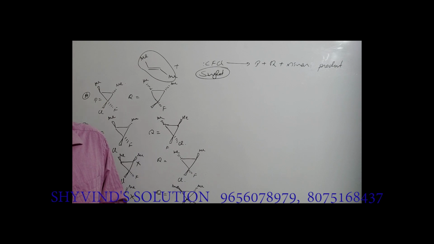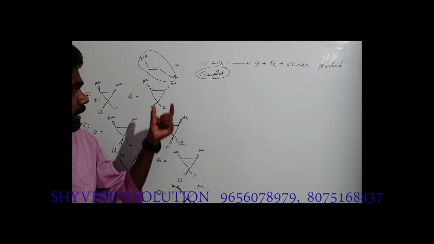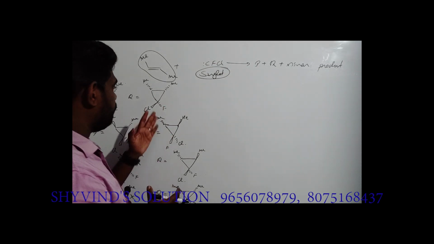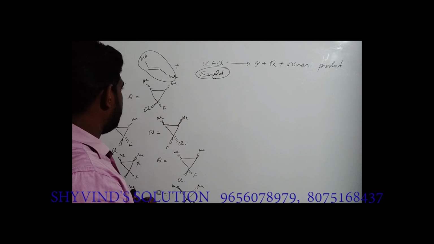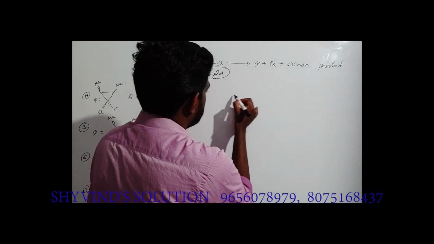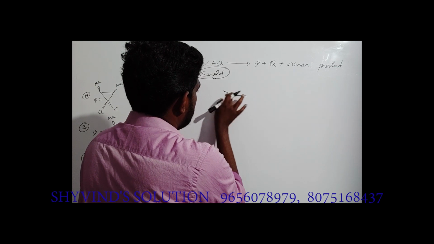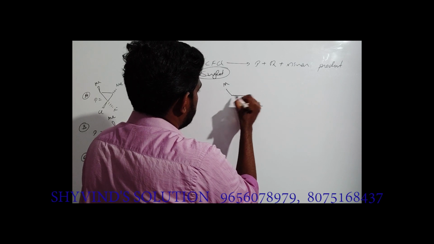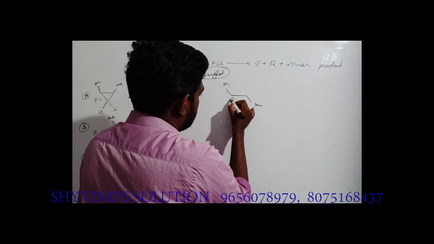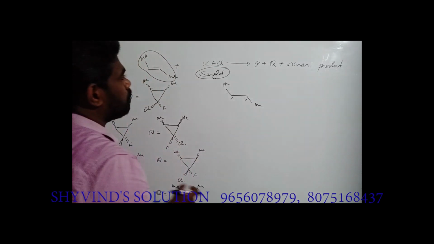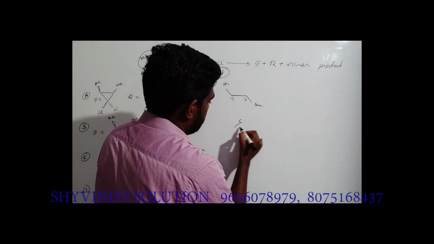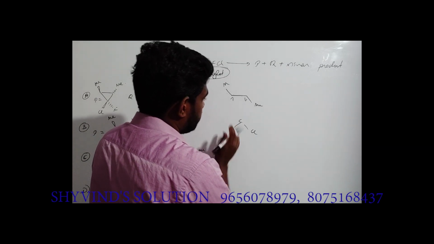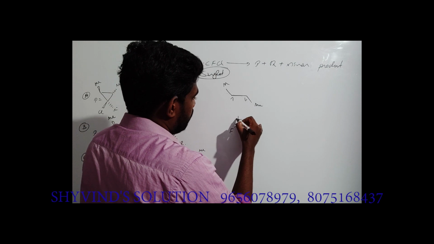Okay, so what about the stereochemistry of this one? Now let's see how we can do this. In A and B we can have two possibilities here. Let's see how these are formed. Me, we have a double bond here, two electrons form a double bond, and these two electrons will have opposite spin. Okay, F and Cl, and these two electrons in a singlet carbene means the electrons will be like this.